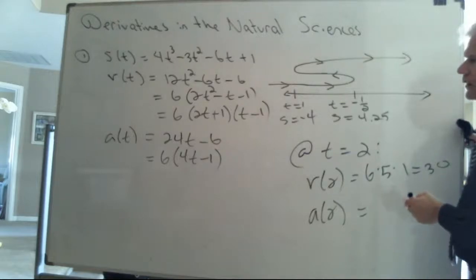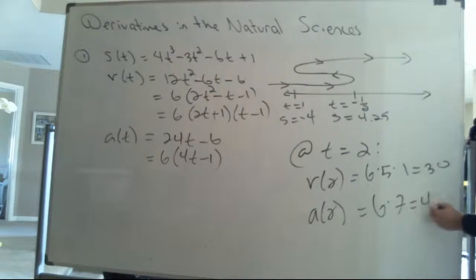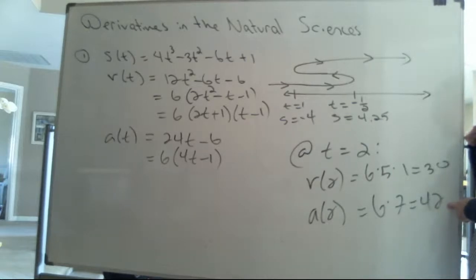And at t equals 2, my acceleration is this. Now, if s is measured in meters and t is measured in seconds, then I guess this is measured in meters per second, and this is measured in meters per second squared.